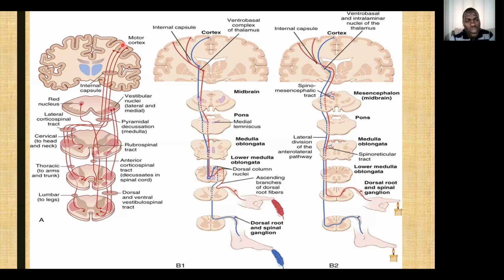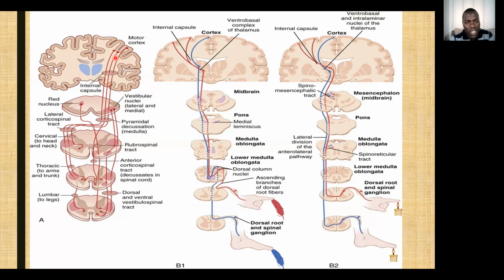Upper motor neurons which go to muscles can either come from the cerebral cortex or from some regions below the cerebral cortex. We'll be talking about those later. But the ones that come from the cerebral cortex go direct to either the brainstem or the spinal cord.